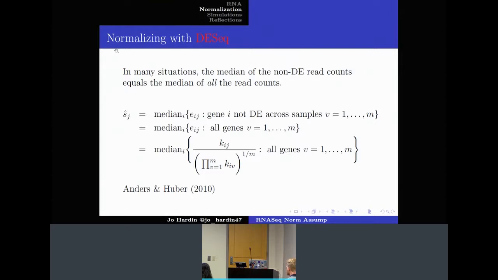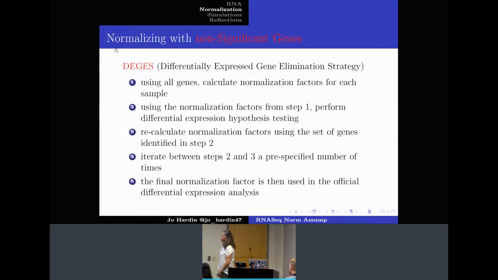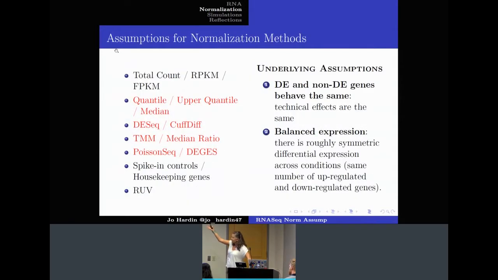I don't know if it was clear that we haven't done differential expression when we're doing normalization, so we don't know this. That's why we had to make that assumption here, because we didn't know which of the genes were differentially expressed, and so we said that we were going to just use all of them. But we could go back and forth across those two, and that's a normalization called DEGES. This is a different normalization technique. Okay, so this is this class of all of these genes.